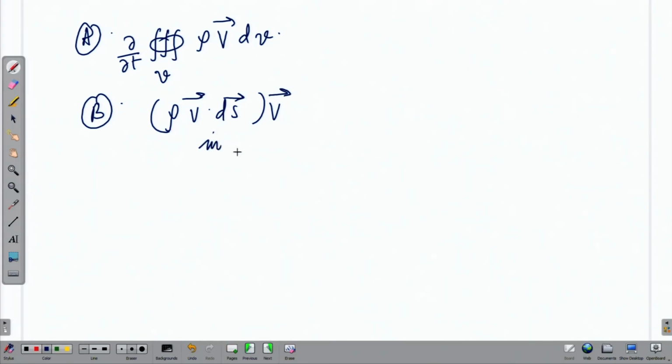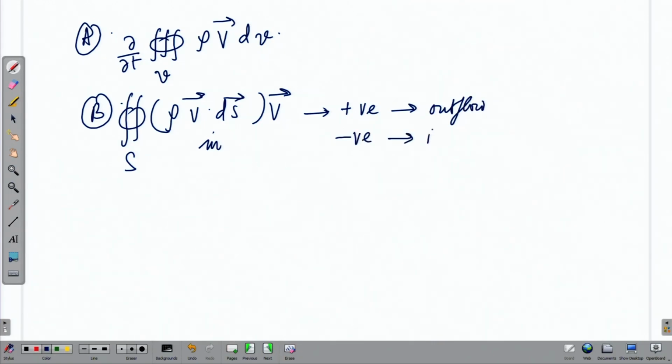This is basically m dot, and then you would have to integrate the contribution over the entire surface of the control volume. Again, the positive contributions will mean outflow of momentum, negative contributions would mean inflow of momentum. This is how we assess it.